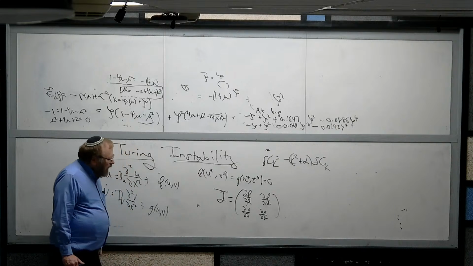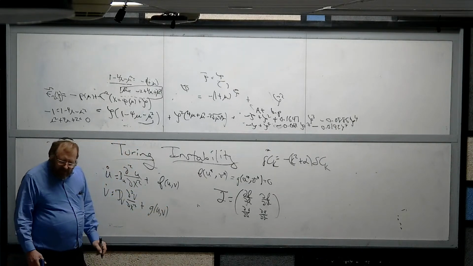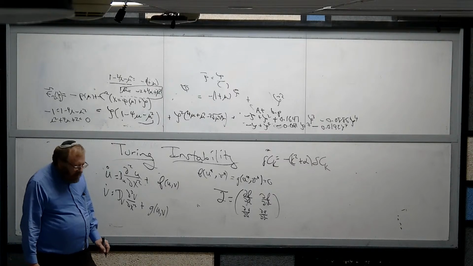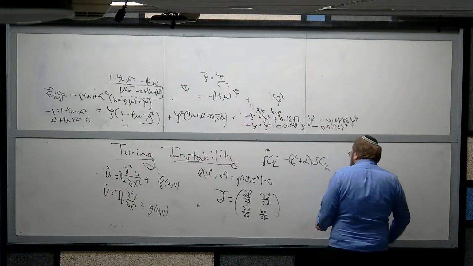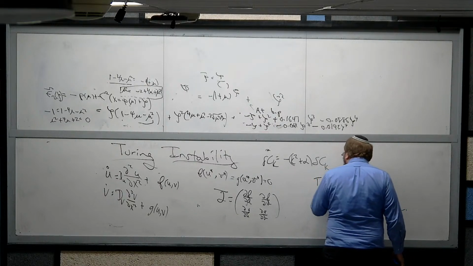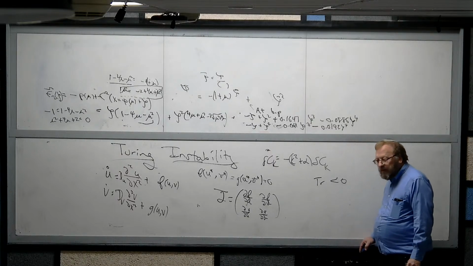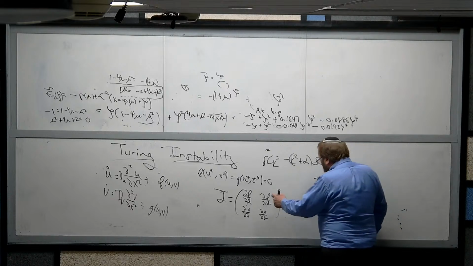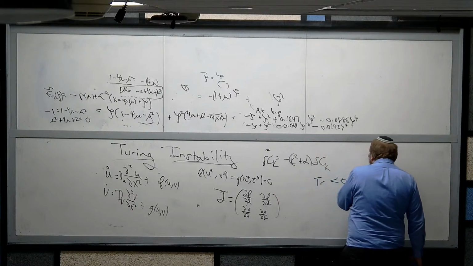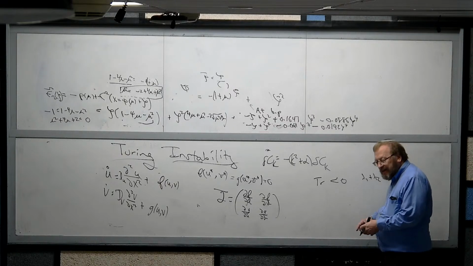Now we want this to be stable. We went through the exercise of analyzing what it takes for this to be stable. In particular, the trace has to be negative, because the trace is lambda 1 plus lambda 2, and both lambda 1 and lambda 2 have real parts that are negative.